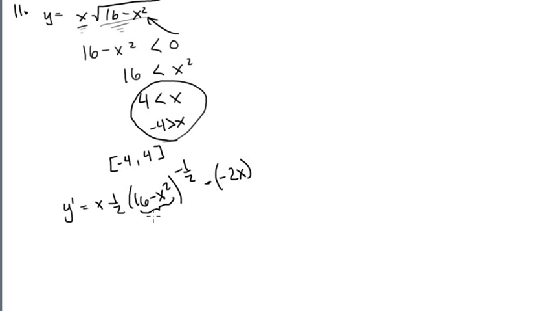Don't forget that negative. Then the second part of our product rule will be to take the derivative of x, which is 1, and multiply that by 16 minus x squared.